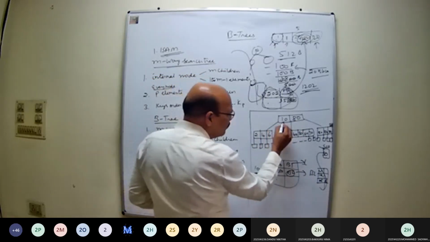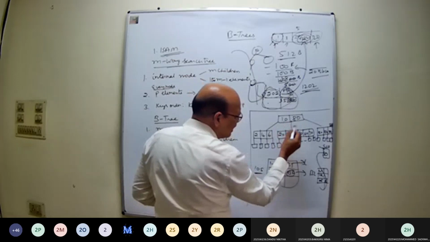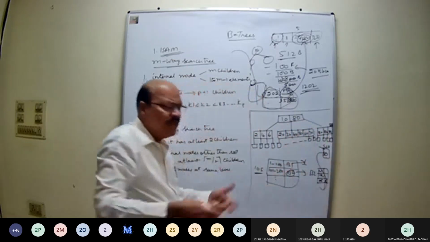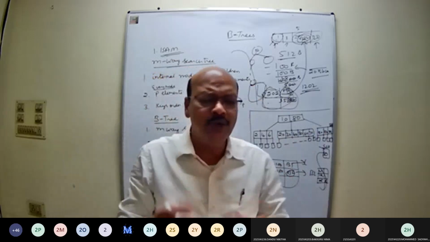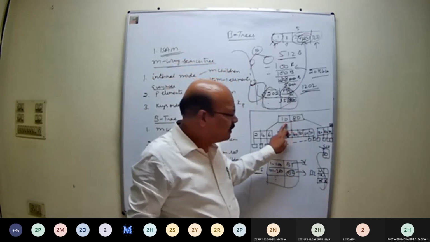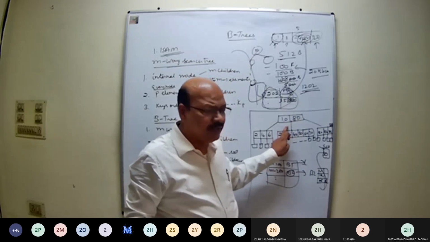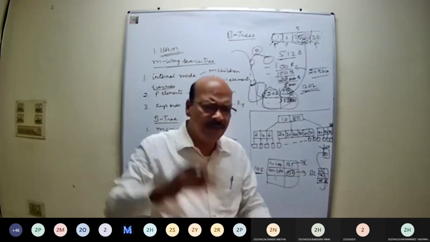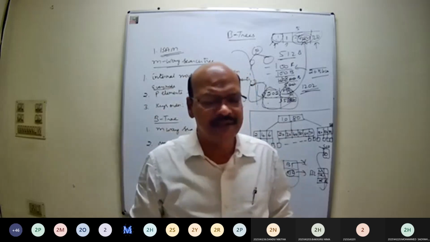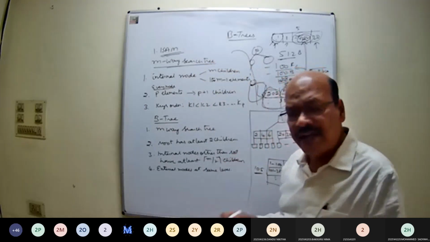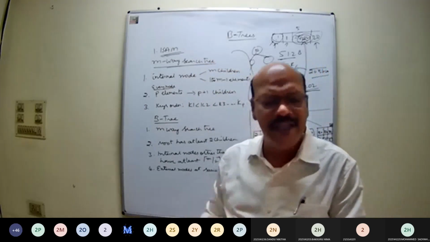If it is between 10 and 80, you take this direction. And if it is greater than 80, you take this. So simultaneously you are able to compare with 2 elements. Otherwise, in a binary search tree, you require 2 levels, 80 first, then 10. So you require multiple levels, and it also increases the disk access. To minimize the disk access, we try to have multiple values in each node.